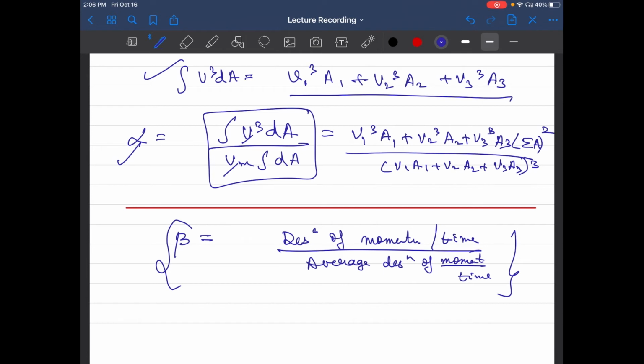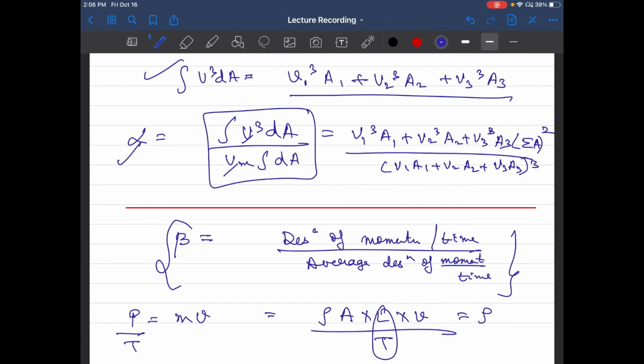Now, if you look at the expression of momentum, it is simply P equal to mv. We can write this m as the volume, cross-sectional area into length, multiplied by density, times velocity. If we are talking about momentum per unit time, we introduce the term of time here, so length over time again becomes velocity. So it becomes rho A v square.